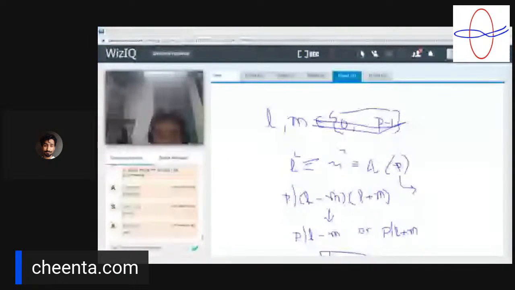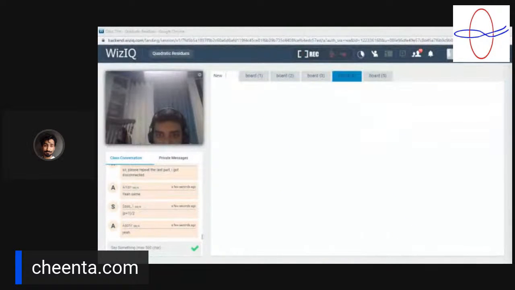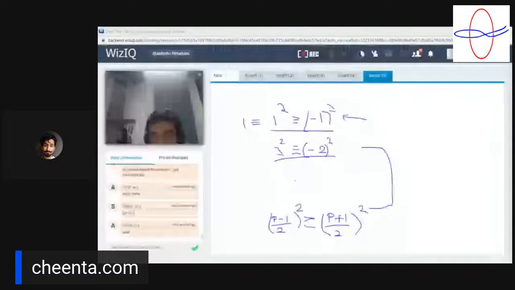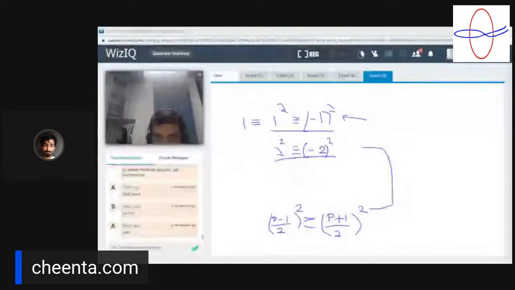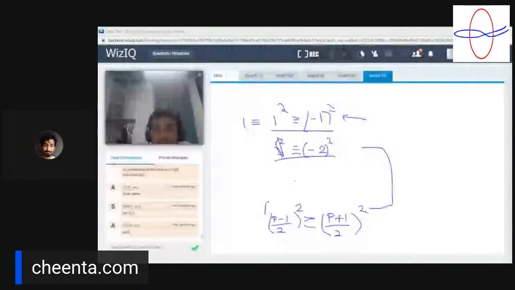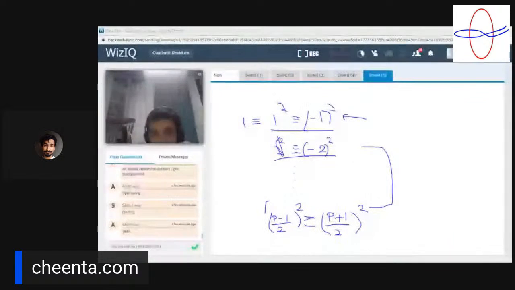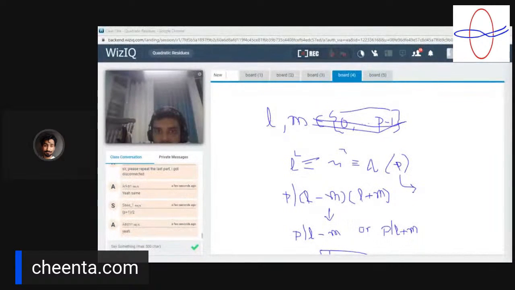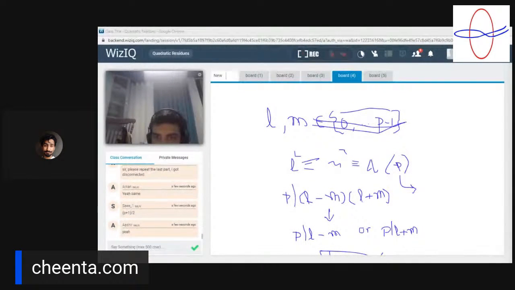If you consider the left hand side, let's say this value and this value, both of those values are less than or equal to (p-1)/2, and so if both of their squares are congruent mod p, then you can never have this solution.